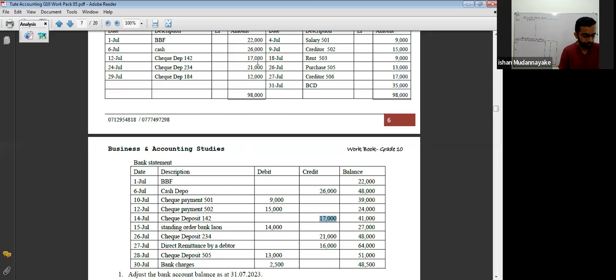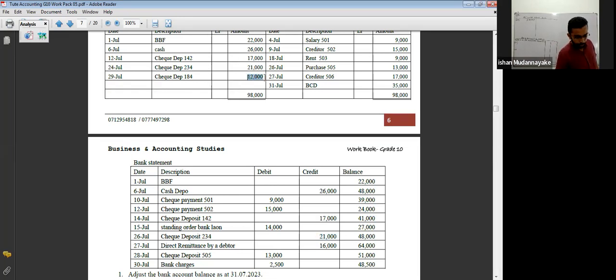Then debit side 21,000 check in the bank account, and in the bank statement credit side 21,000 check. That check also okay. Please mark 21,000.